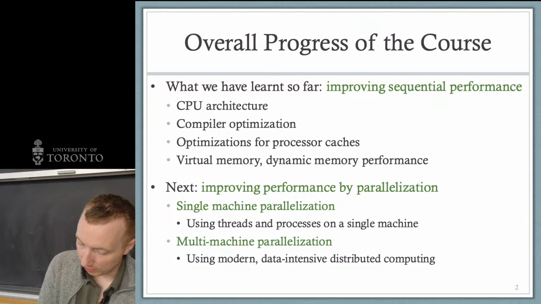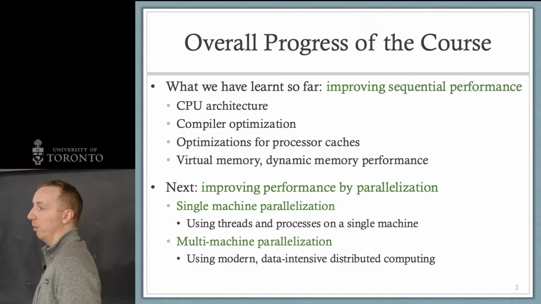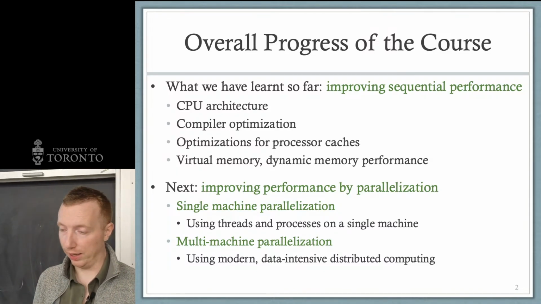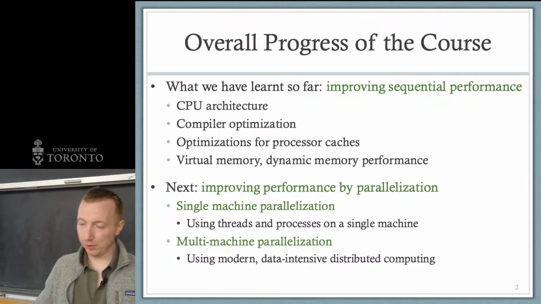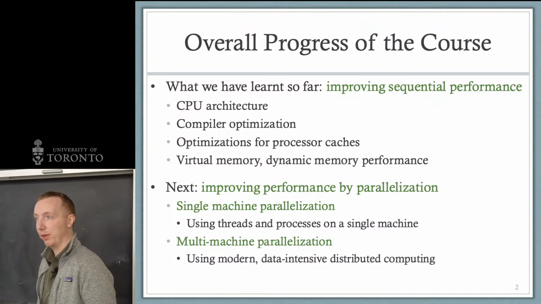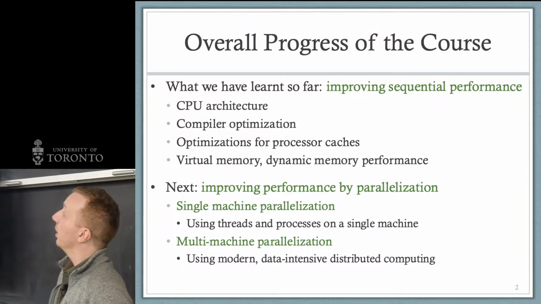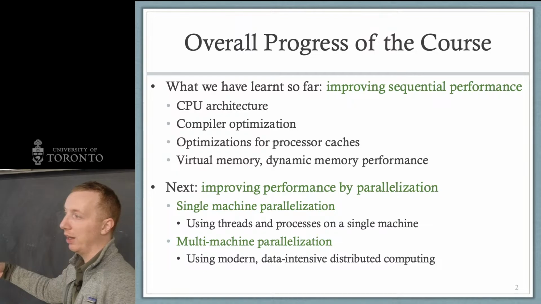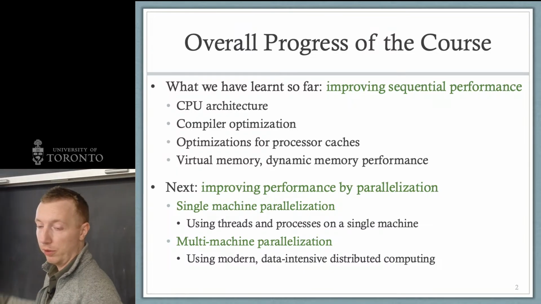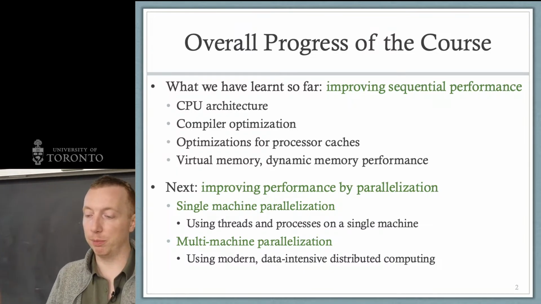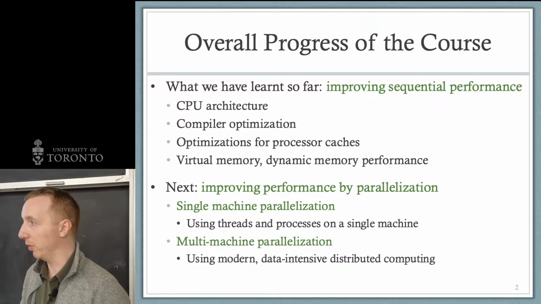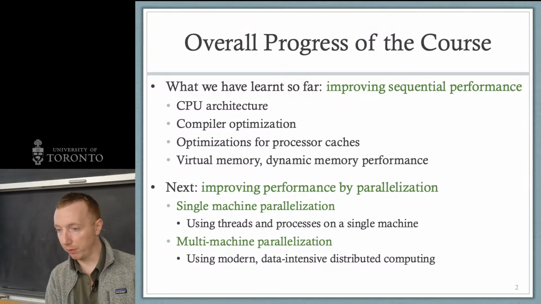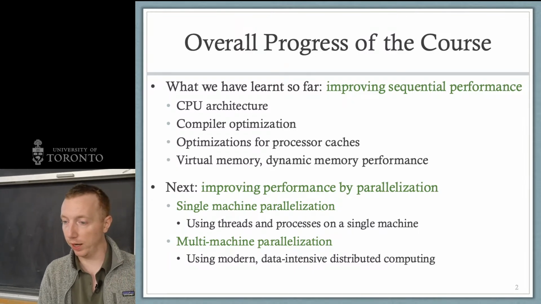So next is all about parallelization, which is what you have to do nowadays since every machine has multiple cores right now. So single machine parallelization that uses threads and processes on a single machine. If we get there, I don't think we really have all the hardware to do it, but you can have parallelism going on between machines using some more distributed computing like Google's MapReduce or any other of the big distributed computing frameworks. So hopefully we can get to that.